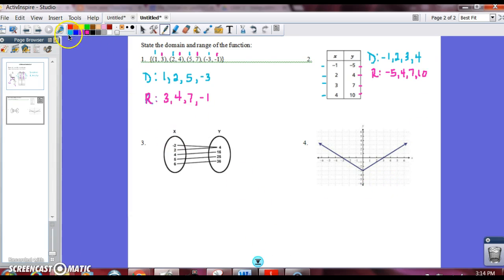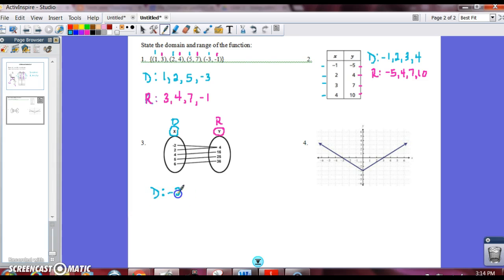When you have a mapping diagram, and we said this yesterday, the left part of the mapping diagram is always your x values, the right part is always your y values. So this is your domain over here, and this over here is your range. So again, all I'm going to do is state my domain, I'm just going to list out my values.